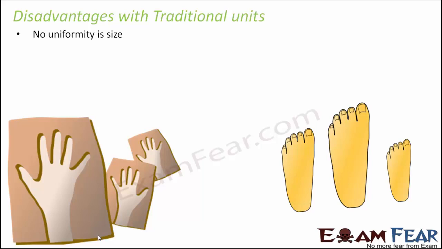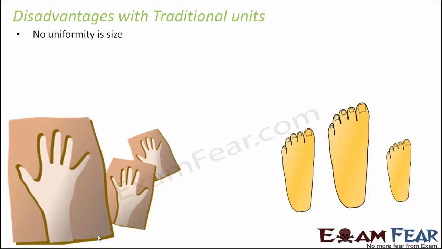The size of the foot of a child would vary from the foot of an adult. Again, for all adults also the size is not the same. Some people have smaller feet, some have bigger feet, and that is why the sizes of your shoes also change. So you are actually not referring to something of standard size.